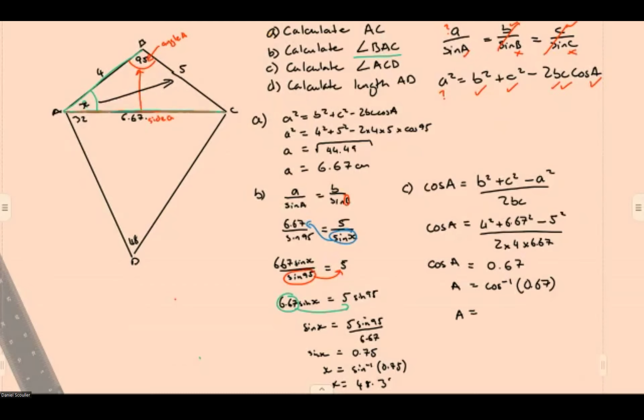It's slightly different also for simple practices. It's a rounding thing. 6.67. Alright, should get the same answer.